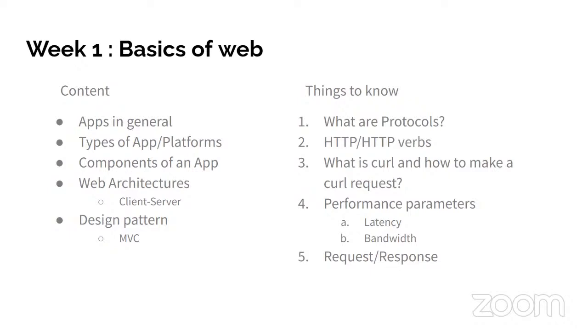Then we talked about the various components of an application. What are the components of an application? Generally, what we see as an application has something that we see, the presentation part of an application. Something happens in the background, that is the controller part of an application, the application logic. And while interacting with an application, there is some data associated with what we see in the front and what happens at the back end.